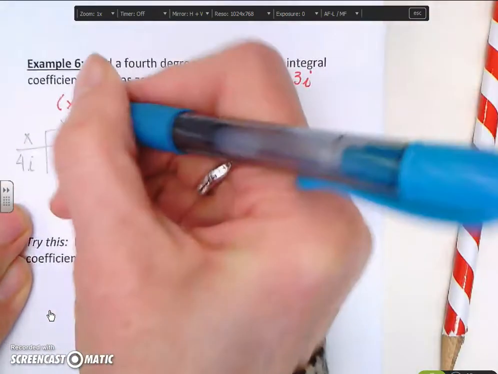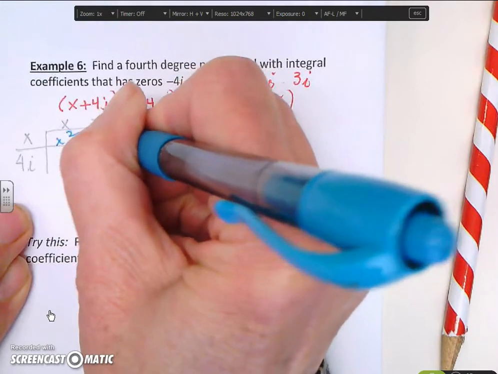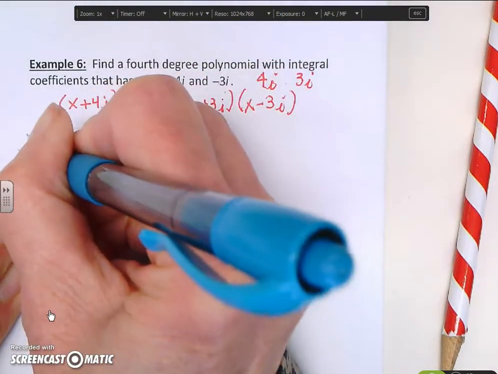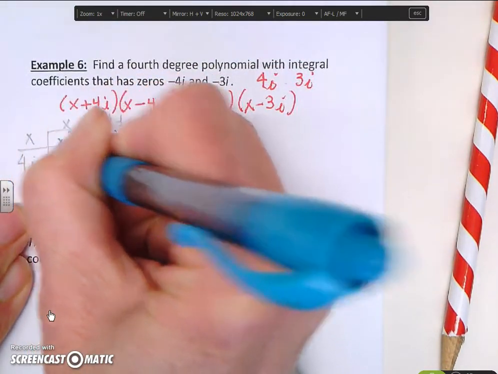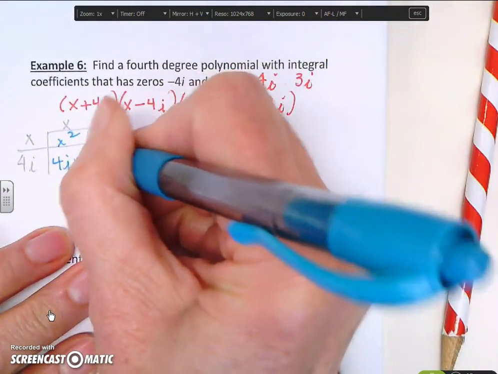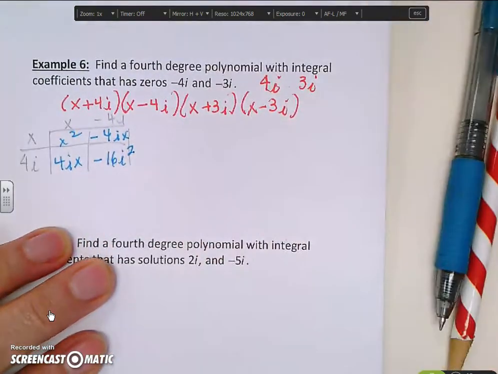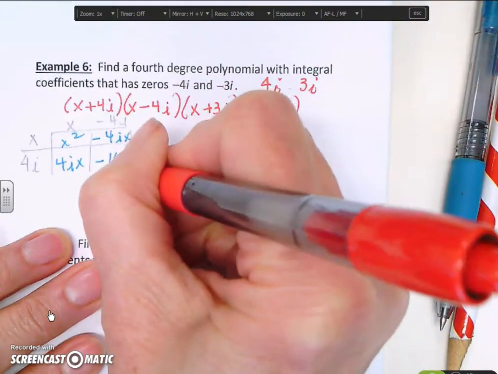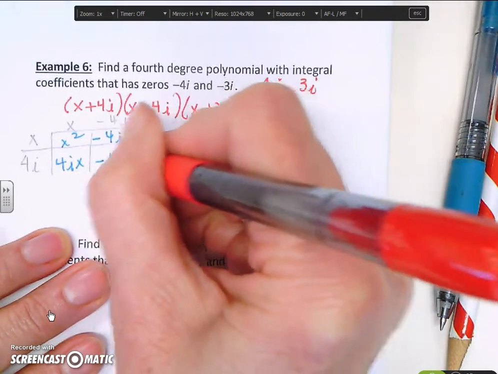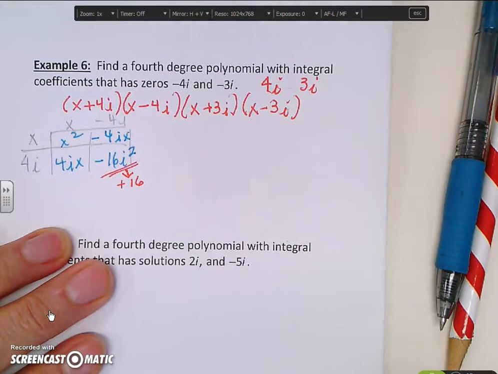So we will get then x squared. We'll get a minus 4ix and a plus 4ix right here. And then 4i times negative 4i is going to be a negative 16i squared. And of course this then is going to be equal to a plus 16 for that right there.